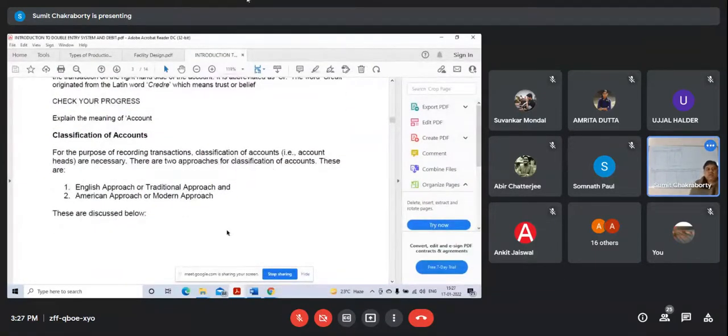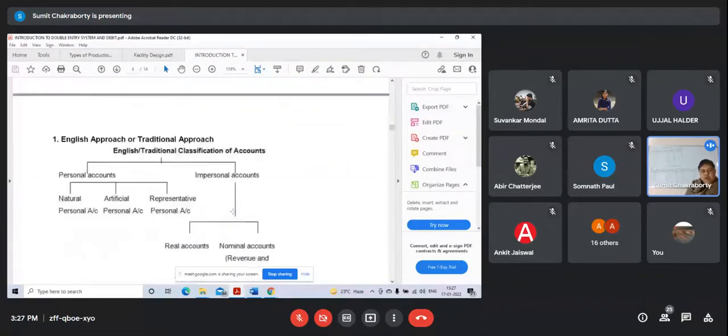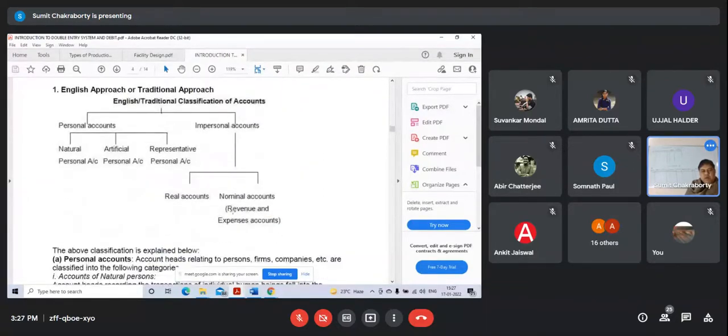So there are two types of classifications. One is English approach or traditional approach, and the other is American approach or modern approach. I'll go through both, but I'll suggest you focus on the American approach because with the English approach you may get dodged out or confused. So take one approach, but first the English approach.